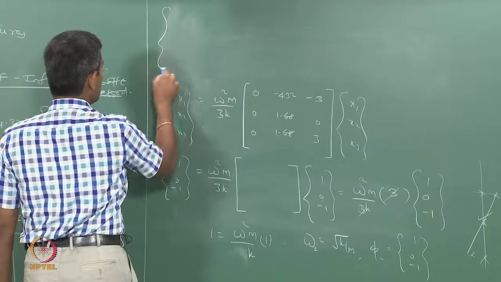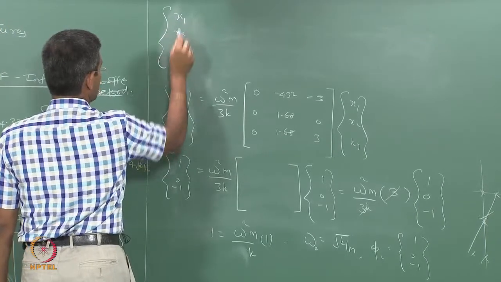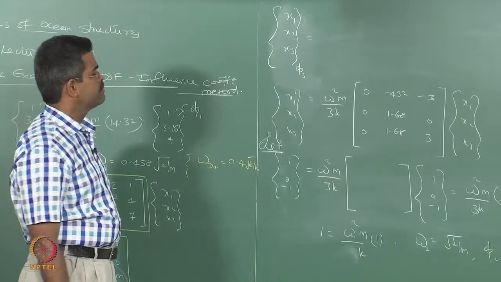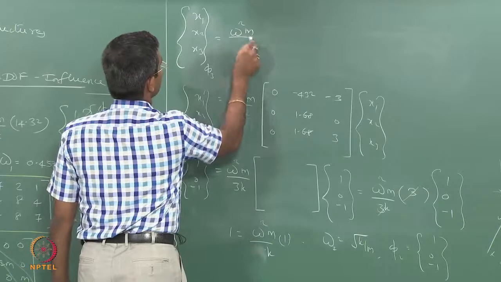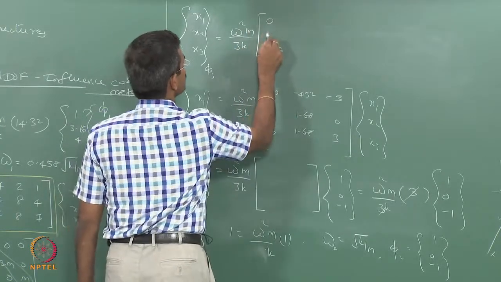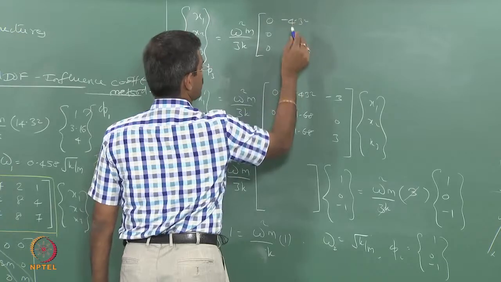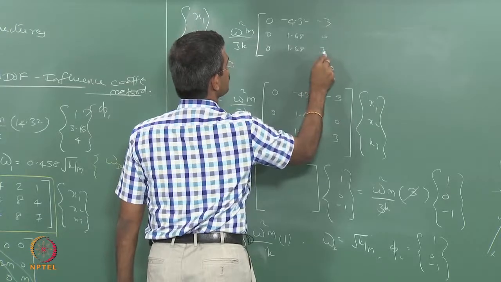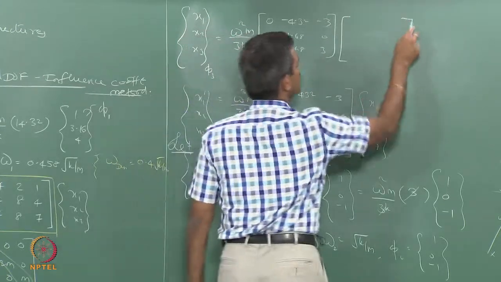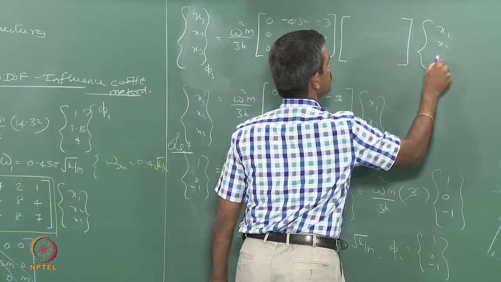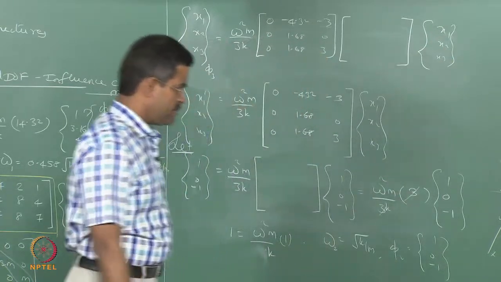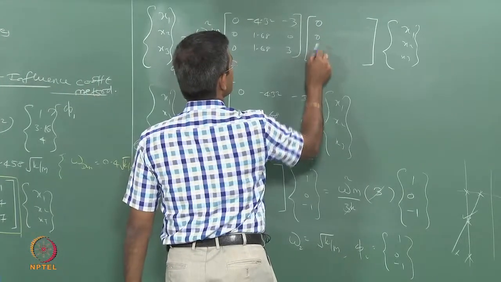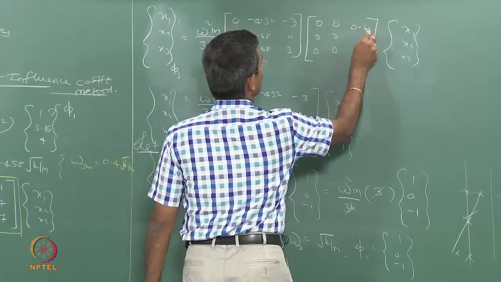Let us call a new vector again as x1, x2, x3, but it is phi 3, which is equal to omega square m by 3k of the matrix 0, 0, 0, minus 4.32, 1.68, 1.68, minus 3, 0, 3, multiplied by a new matrix which will again give me x1, x2, x3. This matrix says A3 is only a part of C3. So, 0, 0, 0, 0, 0, 0, 0.25.